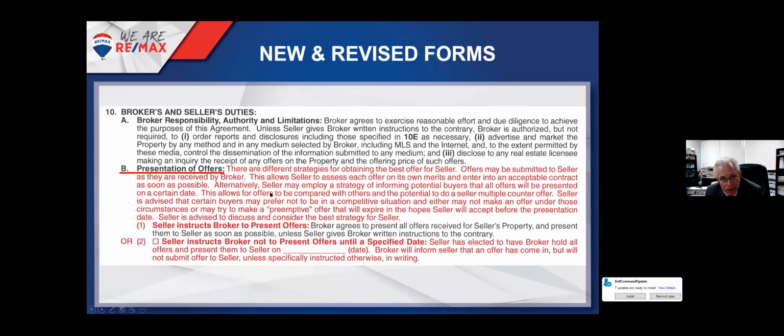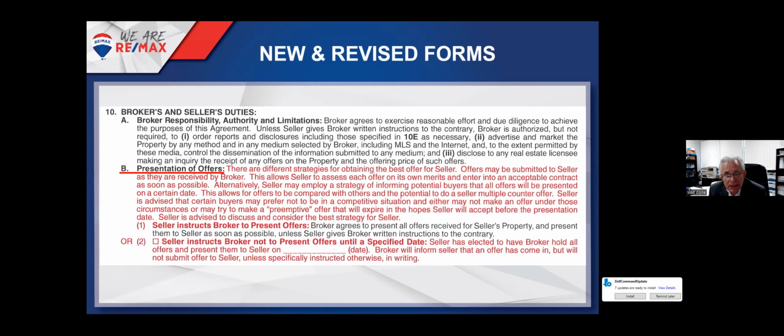Now, what's important to know is that B1 is the default, and default says offers will be presented as received. I don't have a good idea of what most of you do; I only know what those who call me with questions do. But my impression is that many of you are holding offers for 2 or 3 days until you collect a handful, because you don't want to send the offer over to the seller every single time.